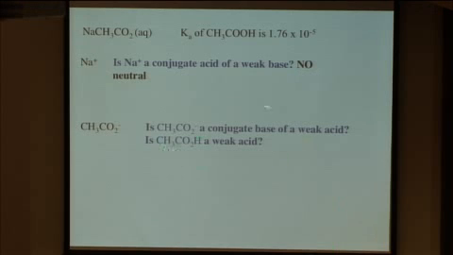So is its conjugate going to be a weak base? Yes. So given that information, we can say yes. Its conjugate acid is weak, so then it would be a weak base. So if it's a weak base, then it'll be basic in solution. And we have something that's neutral plus basic, so overall you get basic.